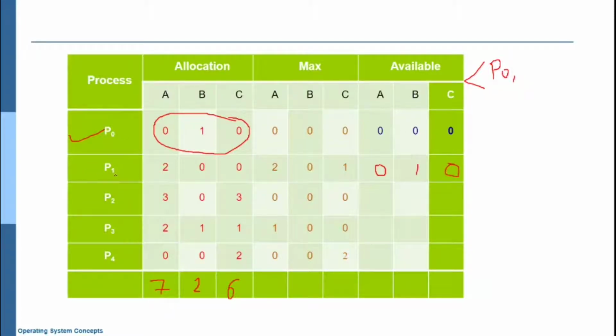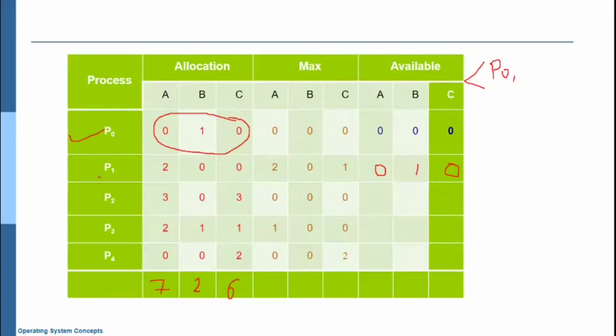Now the second, P1, requires 2 instances of A, 0 of B, and 1 of C. But in the available we have 0, 1, 0, where we cannot satisfy P1.